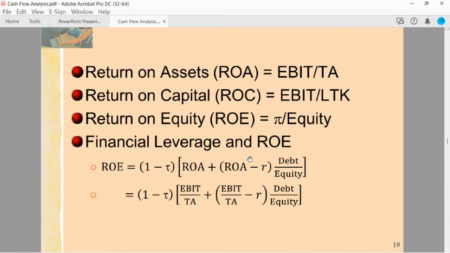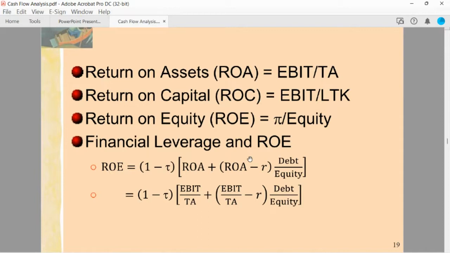Return on assets minus interest. If you subtract the interest rate, that's basically taking away the effect of the cost of debt capital from the total return on assets, right?